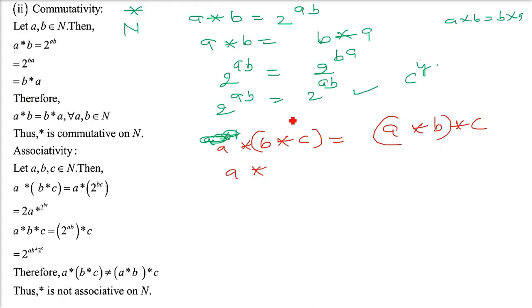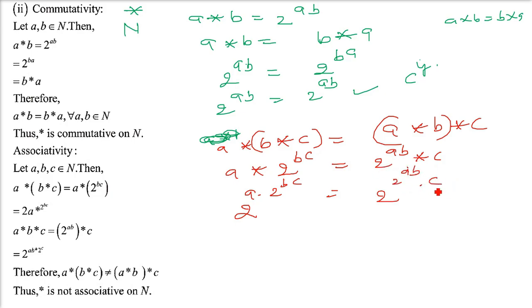So B star C is what? 2 to the power BC, and this is 2 to the power AB, now star C. So this means you have to take 2 to the power A multiplied by 2 to the power BC. Here 2 to the power AB into C. Now you can clearly see these two are not equal. There is a vast difference between these two. The values are not the same. You can just say that these two are not equal. Associative doesn't hold.